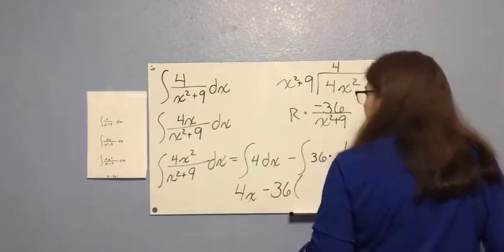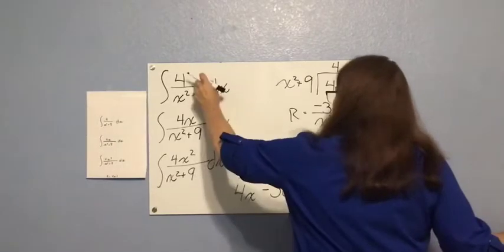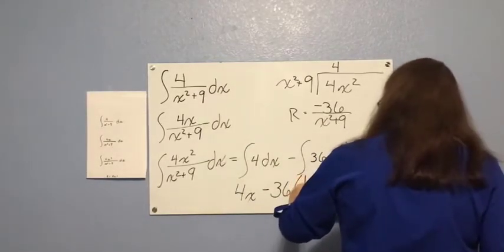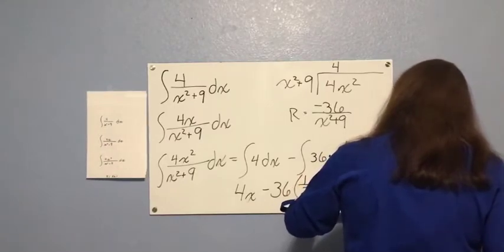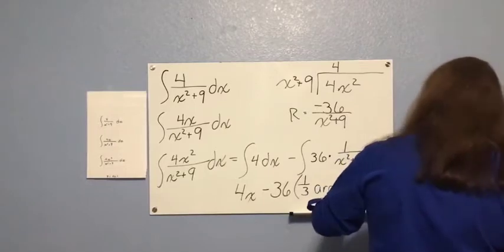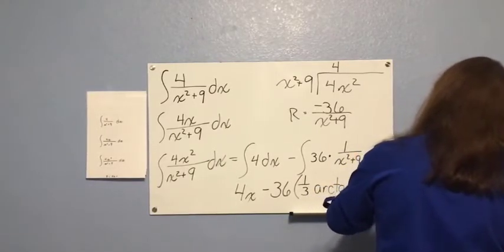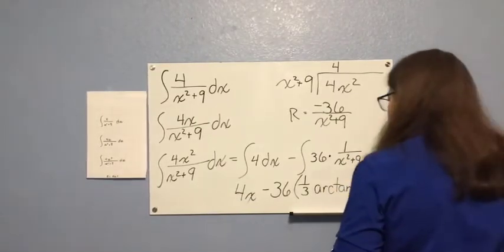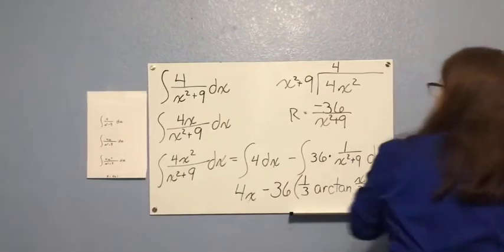And then apply that arctangent rule again, same rule that I applied up here, which is going to give me 1/3 arctangent x over 3 plus c. Okay, and I can clean that up a little bit.